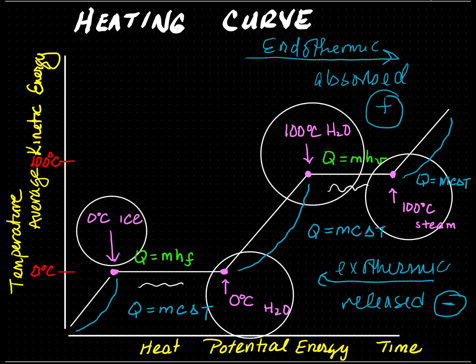Remember, when we have an endothermic process, since the heat is being absorbed, the bonds are being broken. This is why a solid can become a liquid, and a liquid can become a gas. When an exothermic reaction is occurring, heat is being released, so the particles are losing energy, so the particles get closer and closer together, forming bonds.